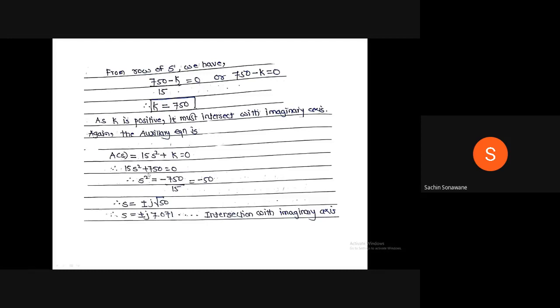Therefore 15s square plus 750 is equal to 0. Therefore s square is equal to minus 750 divided by 15, which is equal to minus 50. Therefore s is equal to plus minus j into root of 50, which is plus minus j into 7.071, the intersection with imaginary axis.